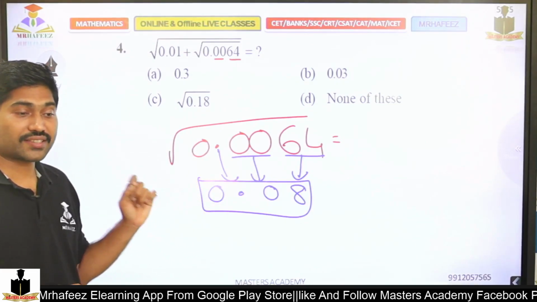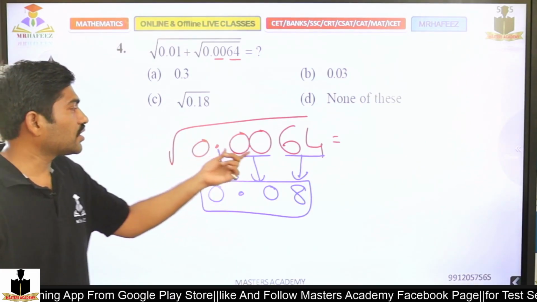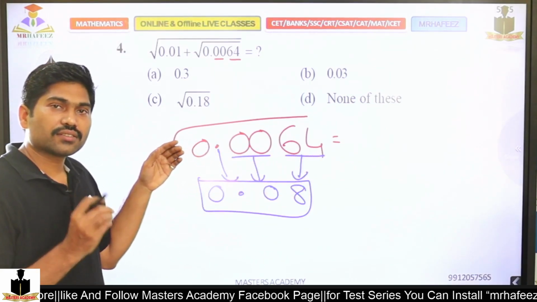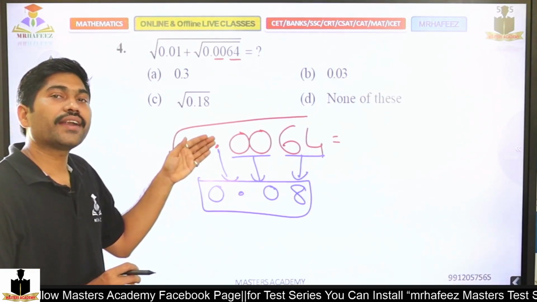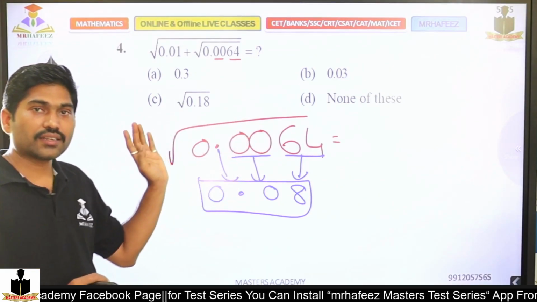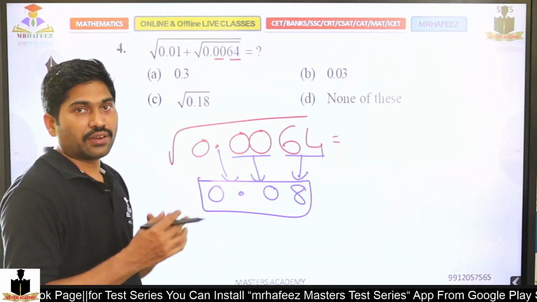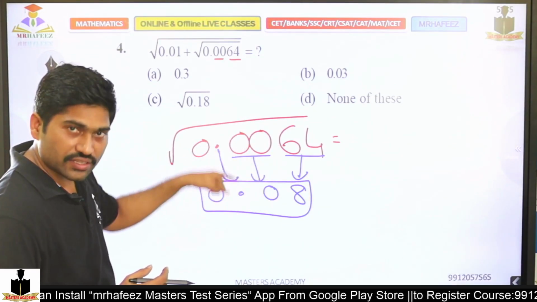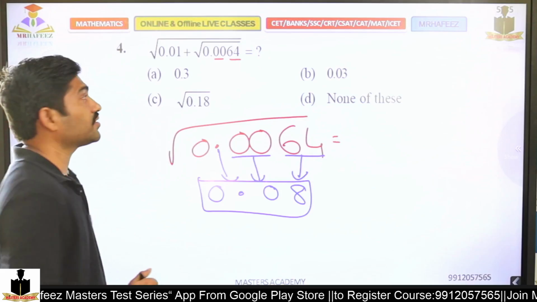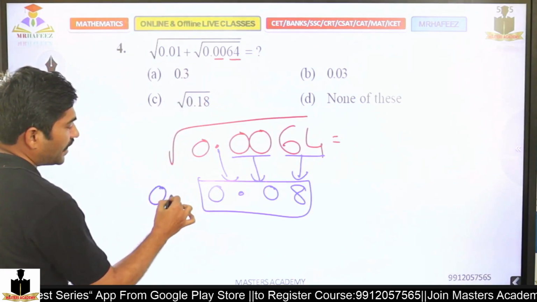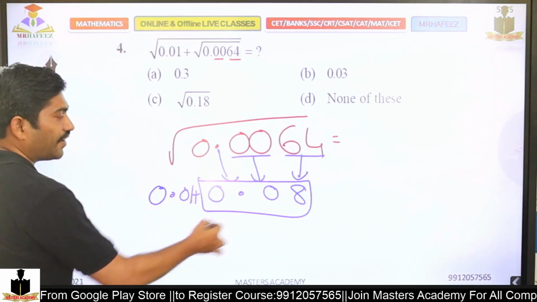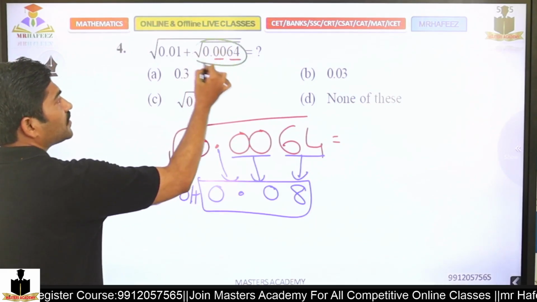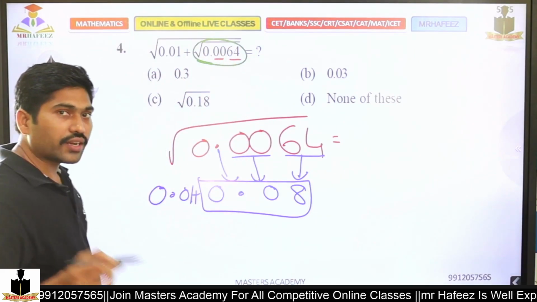This should be read as 0.0064, but for our easy understanding, if 64 root is 8 and 00 root is single 0, then the value is 0.08. And if I add 0.01 to it, because the value of this is already calculated, the value here is already 0.01.